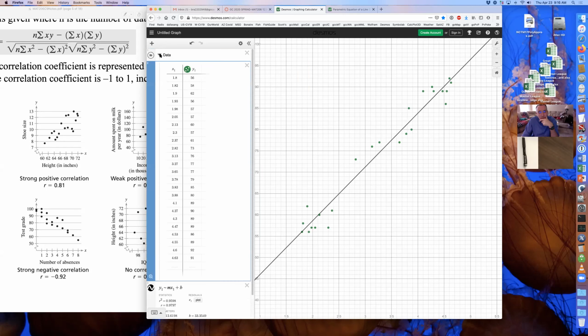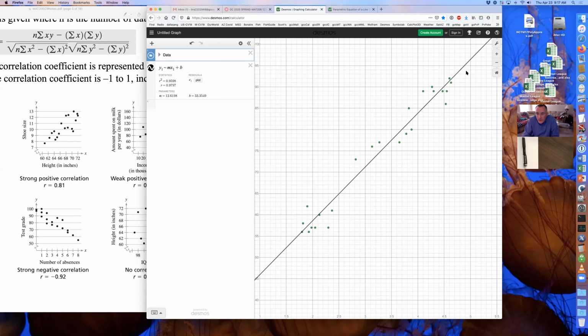So here's what Desmos calculated. And you can follow along in the book and see how your TI-84 also does the calculation. It's going to say, here's a line that goes through this data. And not only is it a line, but instead of just guessing it like we did in the last example, Desmos calculated it as the line of best fit.